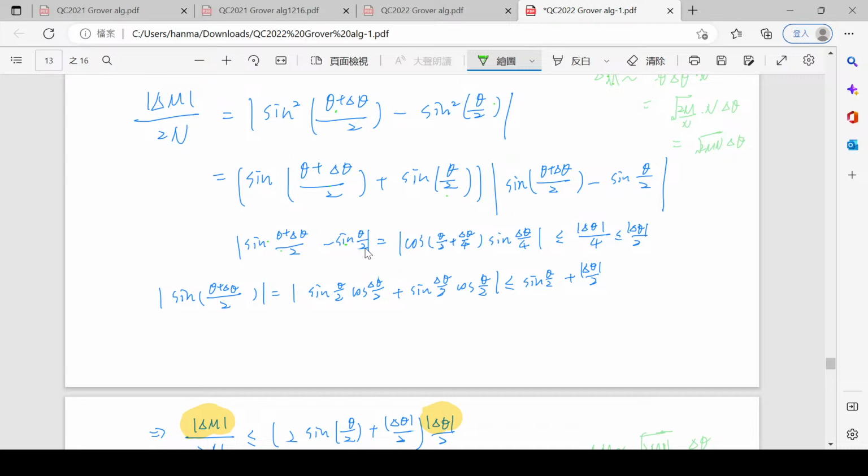We have a difference between sines, and we change that to cosine times sine.